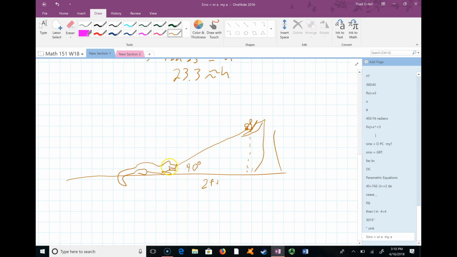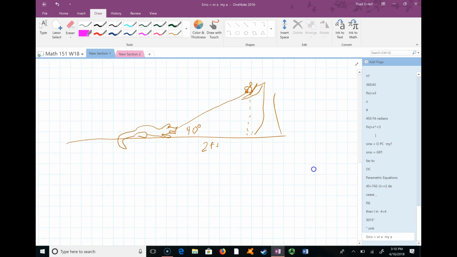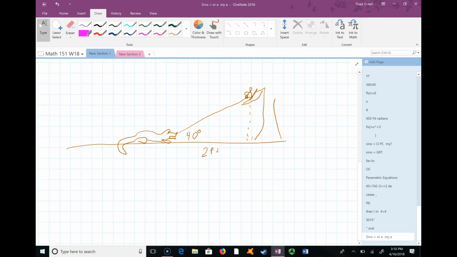So the lizard, of course, needs to calculate how far to shoot his tongue. What we can do is set up an equation for the lizard. If 40 is my angle, we have the adjacent side, and we want to know the hypotenuse, because that's how far he's going to shoot his tongue.